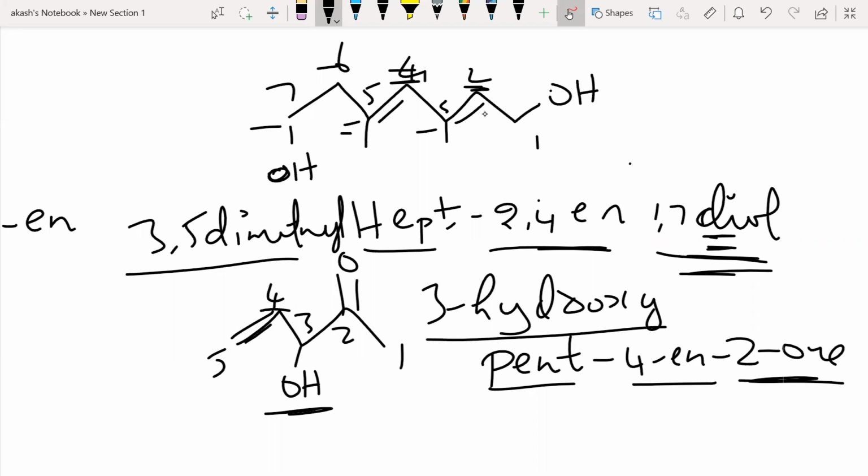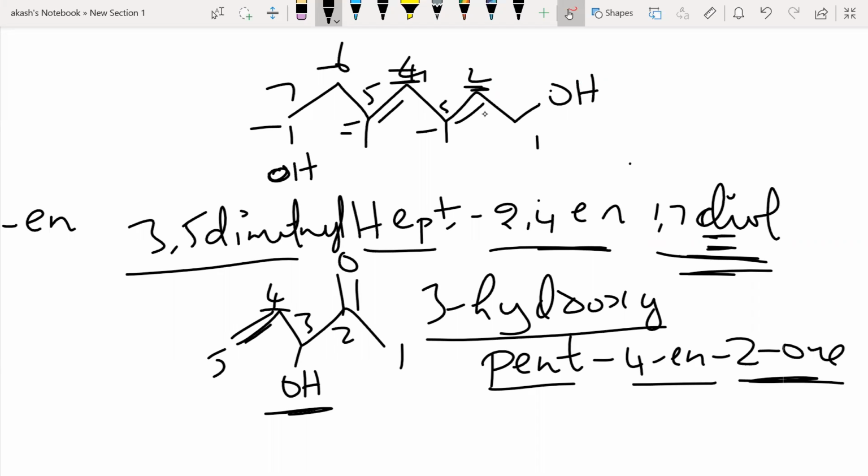So we took the numbering from right to left, because that gives the ketone the least number. Exactly. But in one of the previous questions, we made sure that the double bond gets the least number.